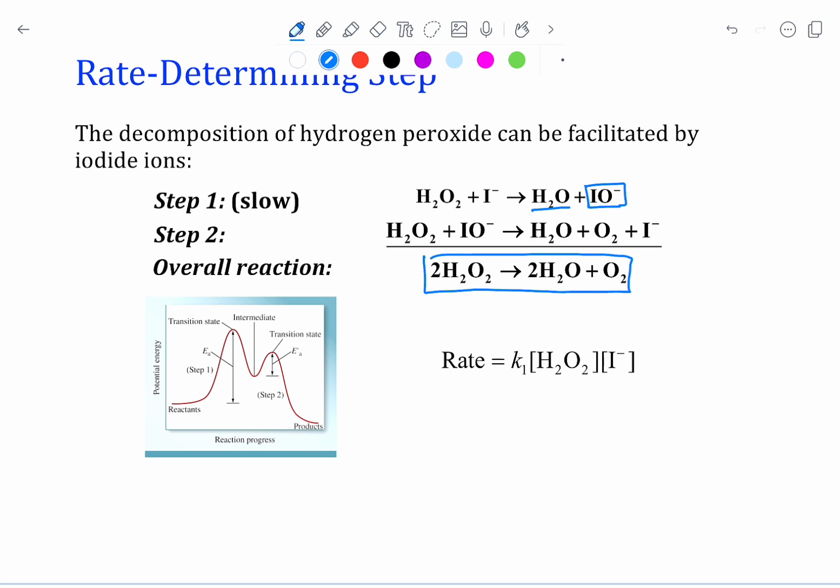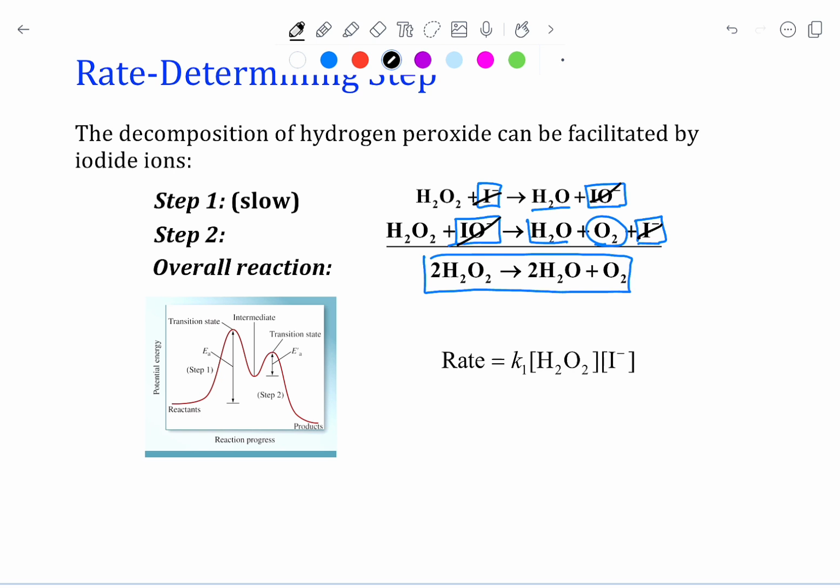So we have an intermediate in iodine oxide, but that iodine oxide then reacts with any excess hydrogen peroxide to create even more water as well as oxygen gas and iodide ions. So we see we have two intermediates here that end up canceling each other out because they're intermediates.